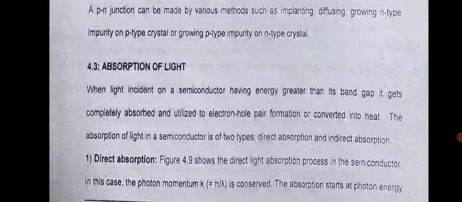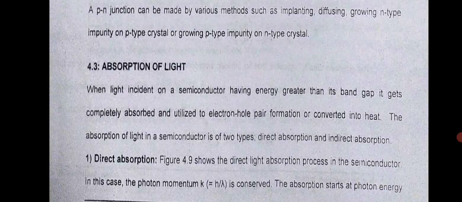Now we want to see the next concept, which is the absorption of light, and we have to know what the phenomenon of absorption of light is and when it occurs. The first condition is when light incident on a semiconductor has energy greater than the band gap; it gets completely absorbed and utilized for electron hole pair formation or converted into heat.